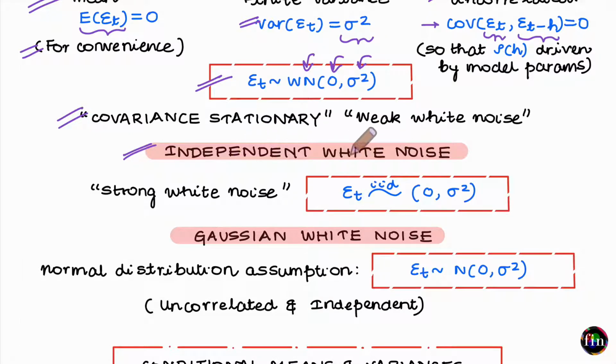So in independent white noise, instead of talking about uncorrelatedness, I talk about independence of successive epsilon t's. Okay, and I can therefore say that independent white noise is strong white noise, and I represent it in notation as epsilon t is IID with mean 0 and variance sigma squared. Okay, so this is my second kind of white noise.